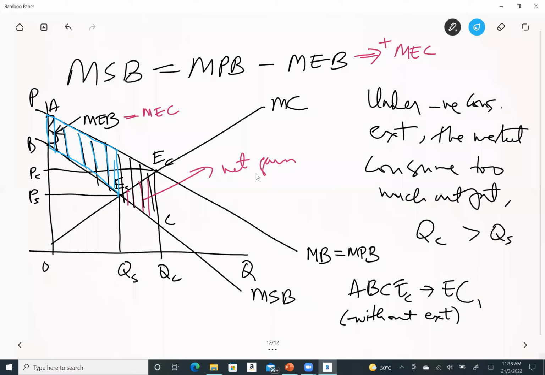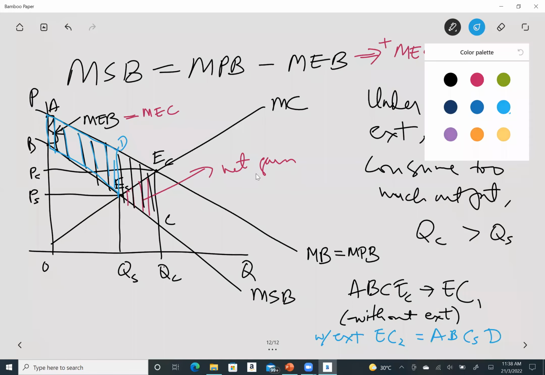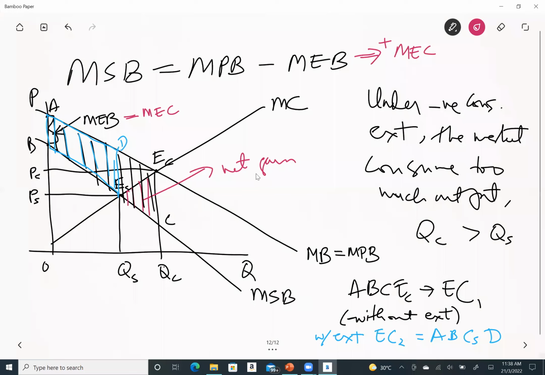So with externality, the external cost, we call it EC2, is equal to A, B, E, S, D. So there is a reduction in external cost.